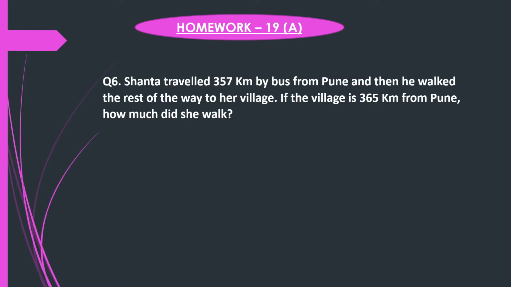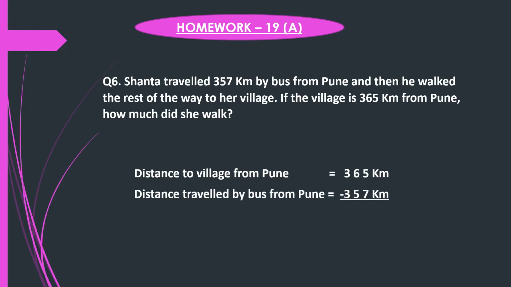So you have to find out how much did she walk. So what you will do? You will first write down the distance to village from Pune, that is 365 kilometers. Then you will write down the distance traveled by bus from Pune, that is 357 kilometers. Subtract it, children, and then you will get how much distance she walked.